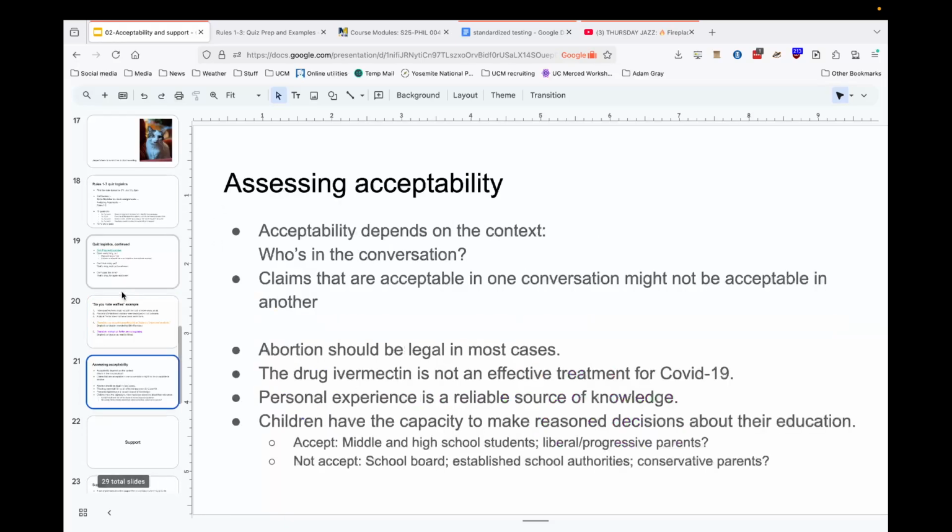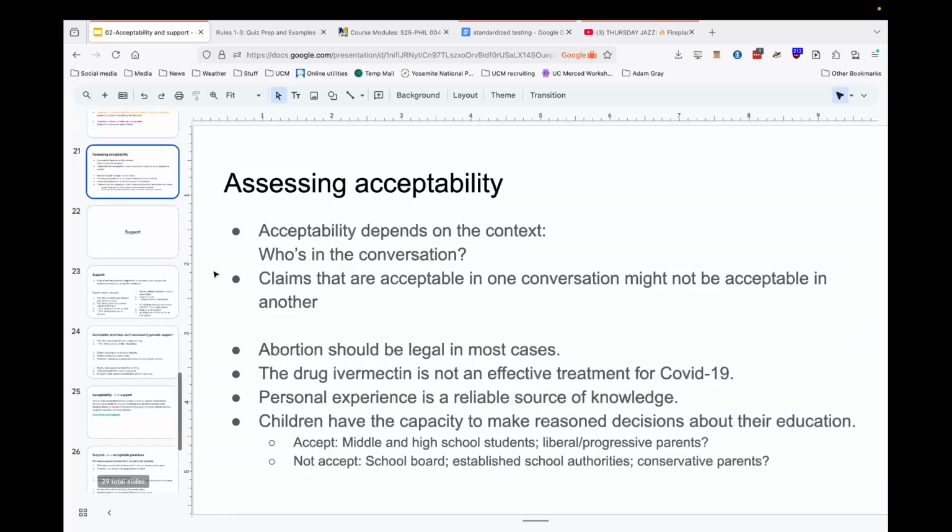Very good. Okay. So last time, we covered a fair amount of ground. We introduced premise conclusion form. We just went over that, what that means. So I'm going to let you all look at that slide again if you want a refresher on premise conclusion form. We also started talking about acceptability.